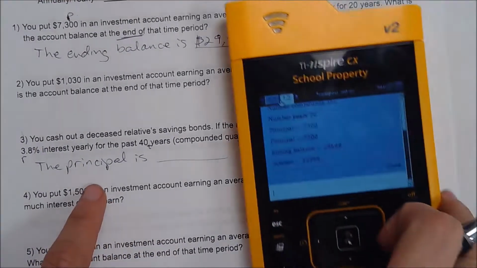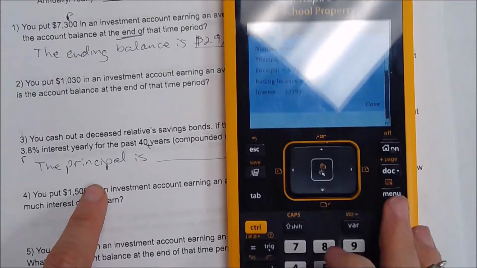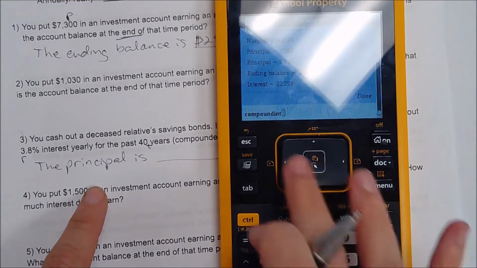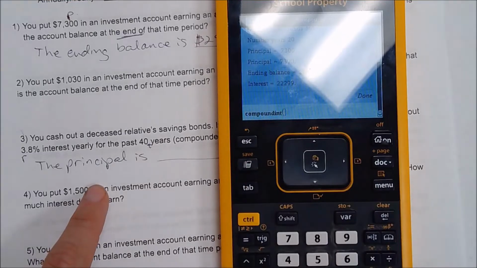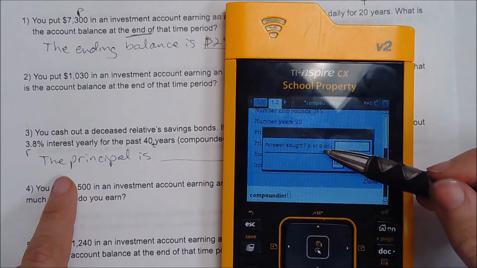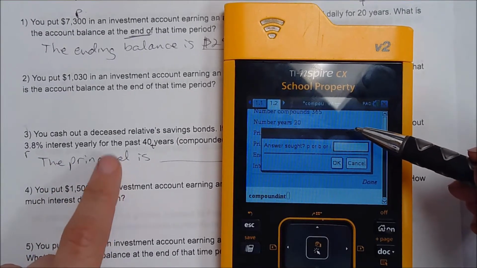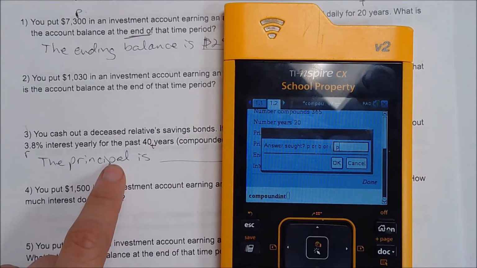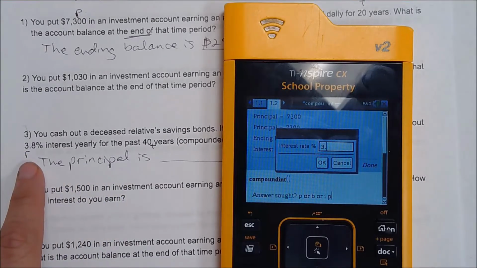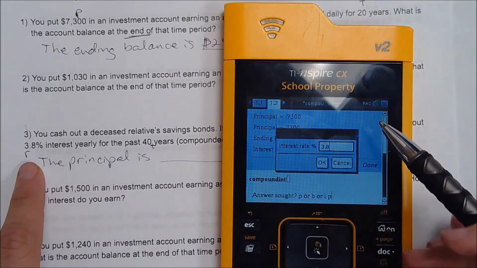Okay, so let's run our program. Remember to press var to bring it back up. And there it is. Press enter to run it. So are we looking for principal, balance, or interest? Well, we already figured out we're looking for the principal, so put P, then enter. And our interest rate is 3.8%. You don't have to put a percent sign, remember that.